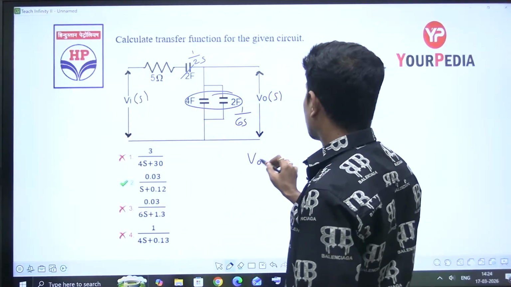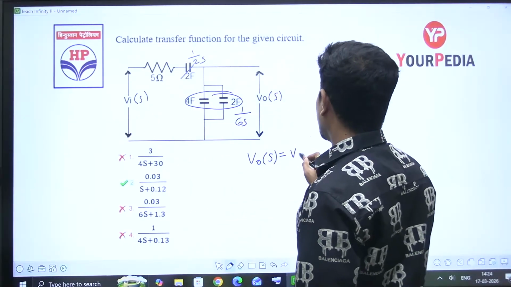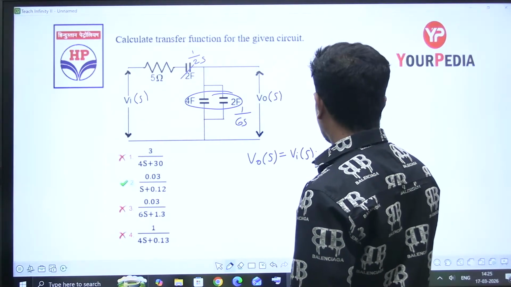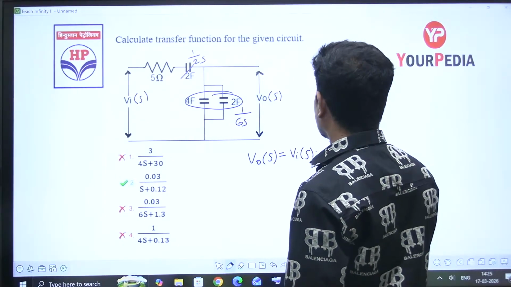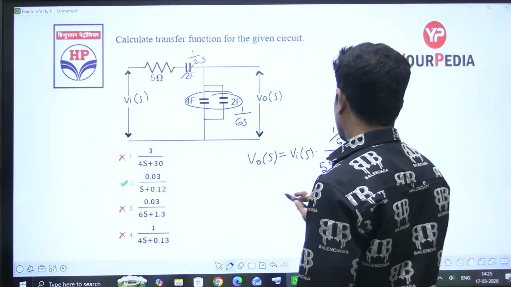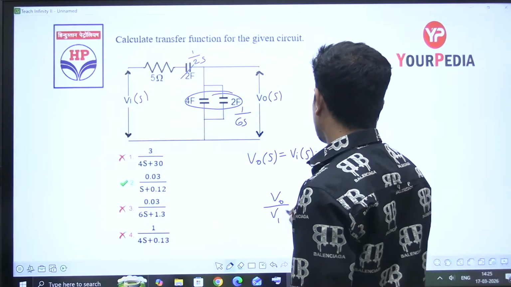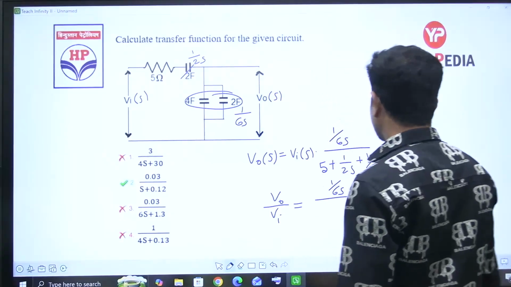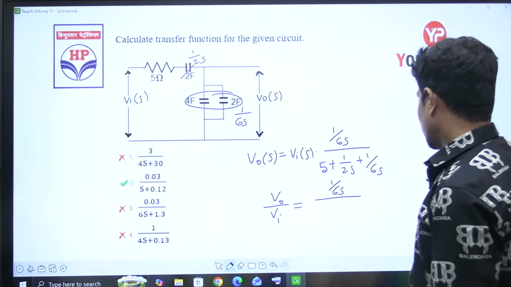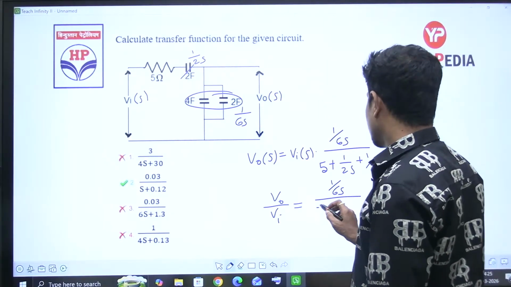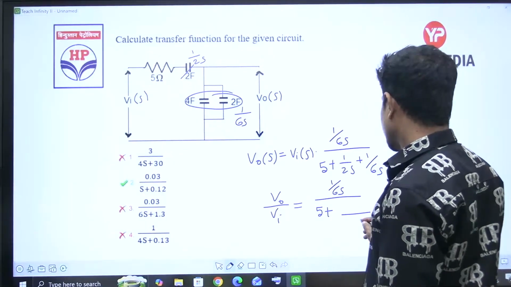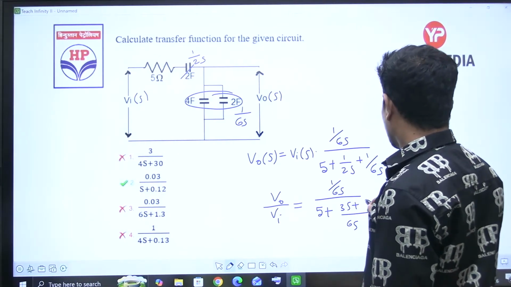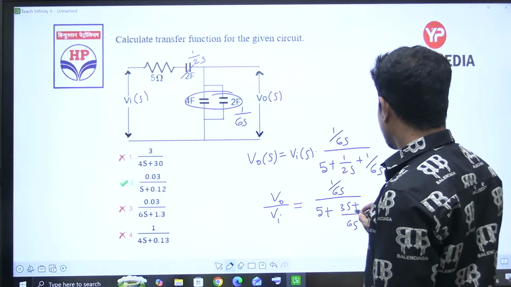So V naught of s is equal to Vi of s into 1 by 6s by total, 5 plus 1 by 2s plus 1 by 6s. So V naught by Vi is equal to 1 by 6s by, let's simplify this. 5 plus 1 by 2s is 3, this is 3, not s.